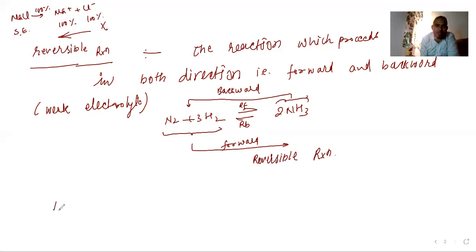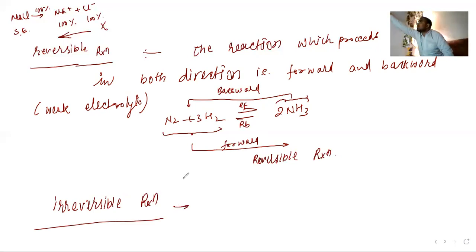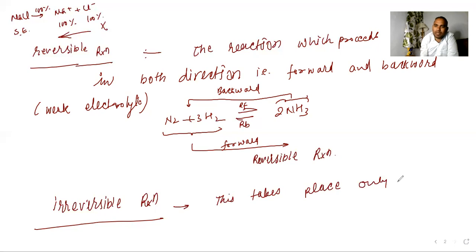If you are talking about the irreversible reaction, that would be one that is only possible in the forward direction and not backward. It takes place only in one direction. The example you told me, NaCl, is a very strong electrolyte, so 100% it is going to give Na plus and Cl minus.